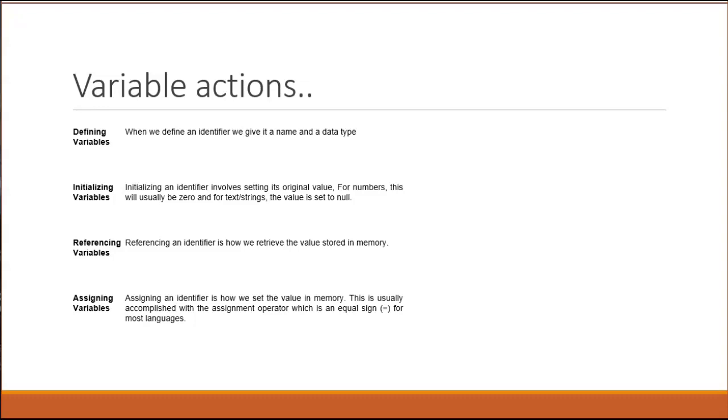That's not always been the case, and it's always a good programming convention to set the initial value of your variables just to avoid any confusion later on. The next action is referencing the variable or using it within an expression, calculation, assignment, etc. And then also, because variables can change, I can reassign the value. So the assignment is also something that takes place when working with variables.